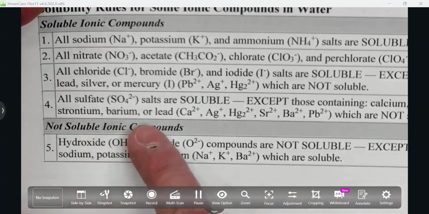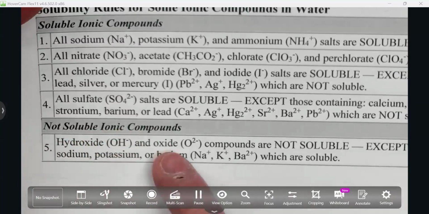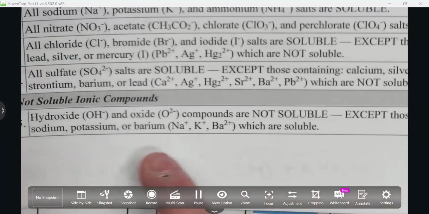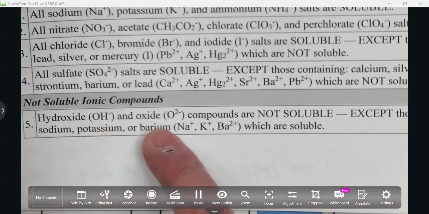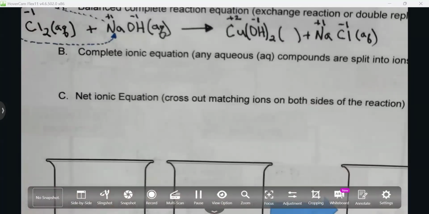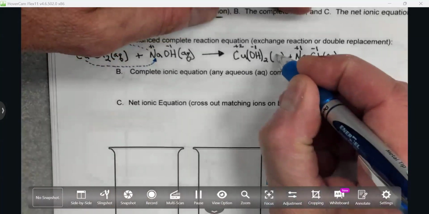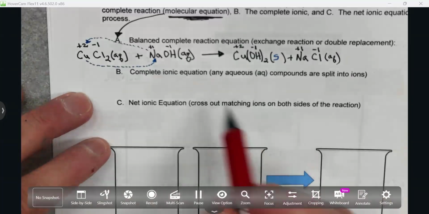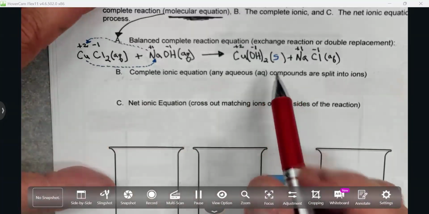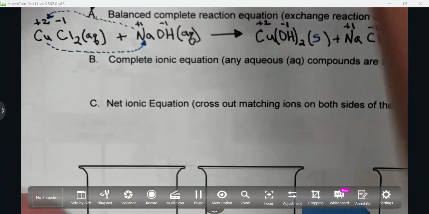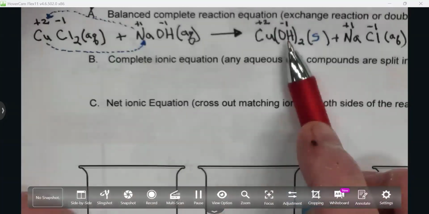Not soluble ionic compounds: hydroxides and oxides are not soluble except those containing sodium, potassium, or barium. So this right here is a solid. Now we have to balance this equation. And to balance this equation, where would we start? Start with hydroxide.